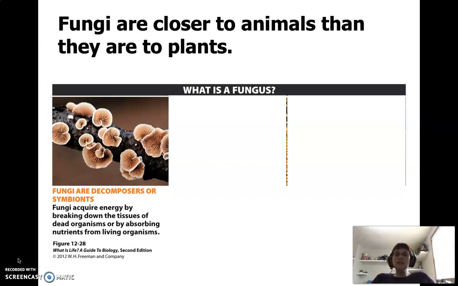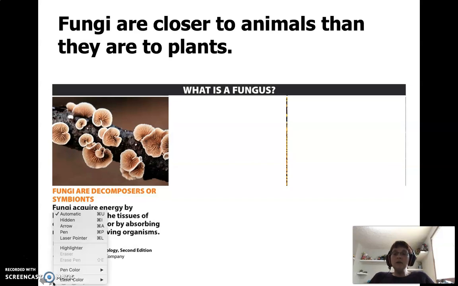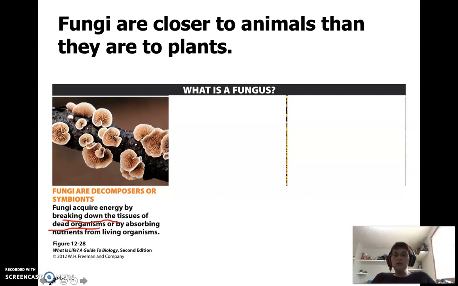So first thing is, how do they get their food? So fungi are either decomposers, so they are going to get their energy by breaking down tissues, or dead organisms. So that's one option.